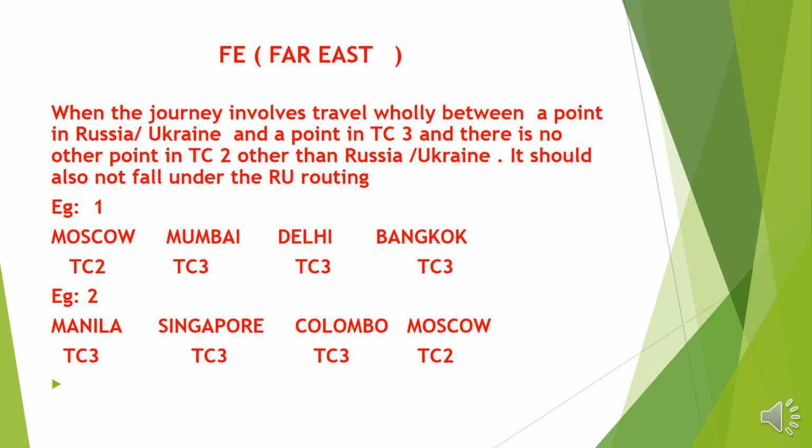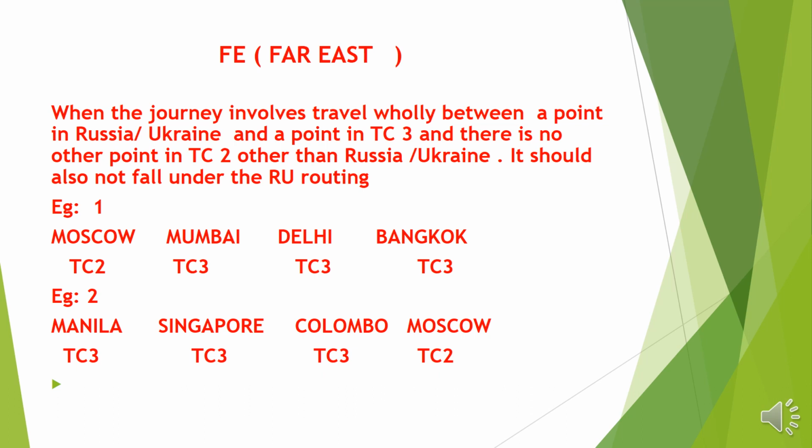Again, I repeat, the journey should start or end in Russia or Ukraine. And if it starts in Russia, after Russia, all the cities are in TC3. If it ends in Russia, prior to Russia, all the cities should be in TC3. And here we term it as Far East.